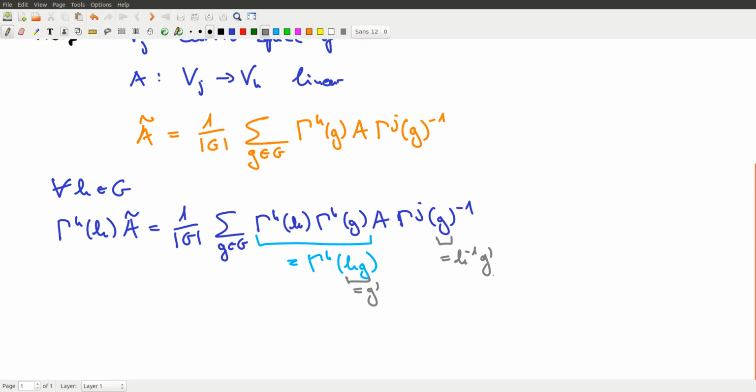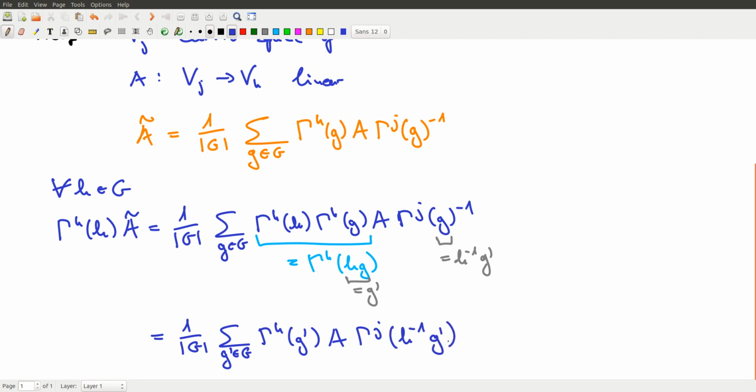So instead of summing over g, we sum over g prime. That's applying the rearrangement lemma again. So sum over all g prime in the group, and now we have gamma k of g prime, A, gamma j of h inverse g prime.